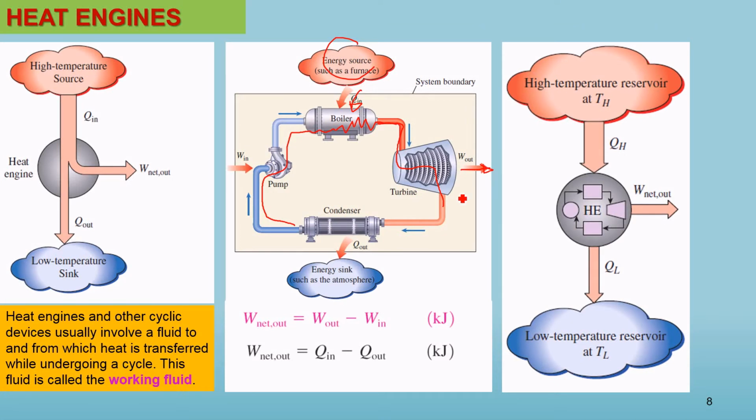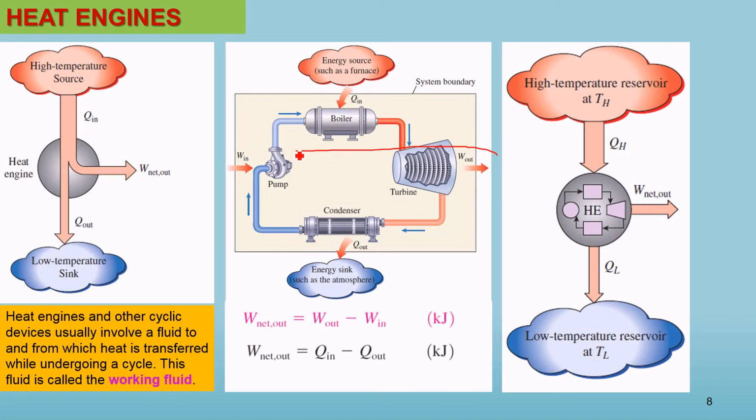The turbine produces work output, and the steam comes back into the condenser. It gets cold, becomes liquid water, and goes to the pump again. So the cycle continues. So this is a cyclic device. This cyclic device takes heat from the high temperature reservoir and rejects heat to the low temperature reservoir.